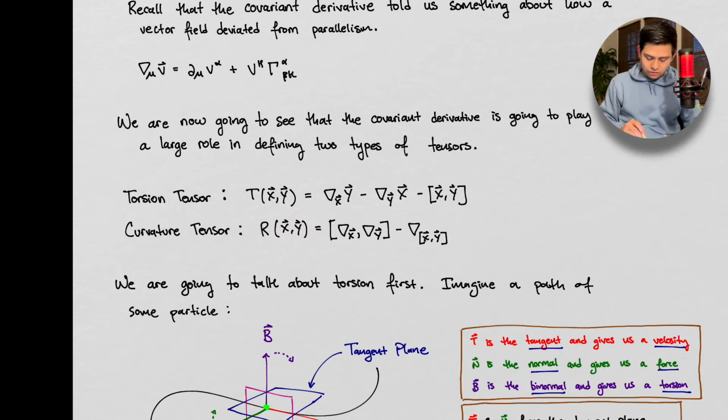This is the Riemann curvature tensor, and it looks like this. And this is made up of covariant derivatives also, as well as the Lie derivative. So the Lie derivative and the covariant derivative are the essential ingredients to building these two very fundamental, I would argue, the most fundamental tensors when it comes to differential geometry and tensor calculus.